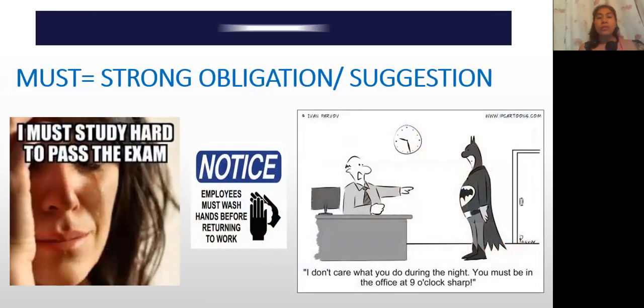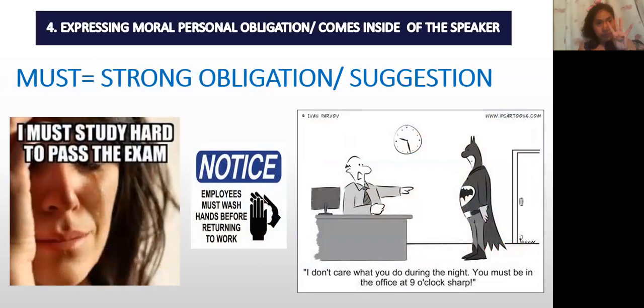Now, we move to the number 4. When we use the expression must in positive, it expresses a moral, personal obligation. So that obligation comes from inside of the speaker. It's my conscience. I say it's my personal opinion, and I think it's necessary.